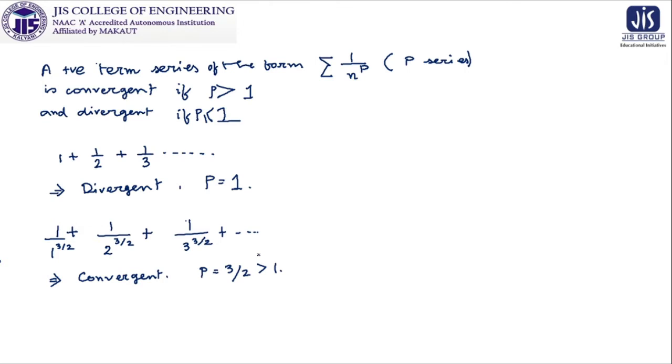Now we will enter into our topic for today's class. The first one is the comparison test. By the name of this test, it is very clear that we have to compare something.